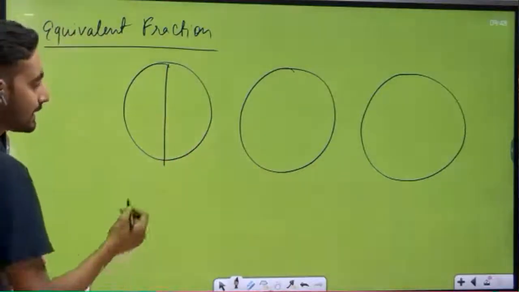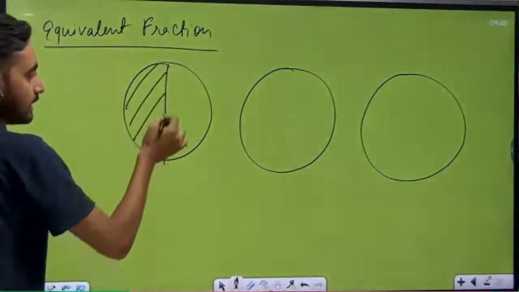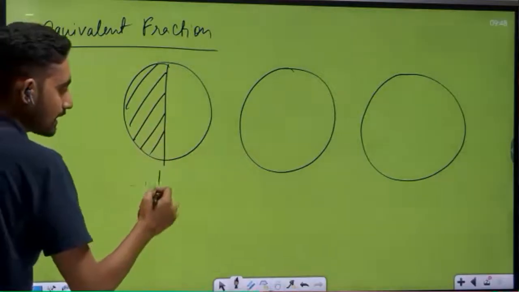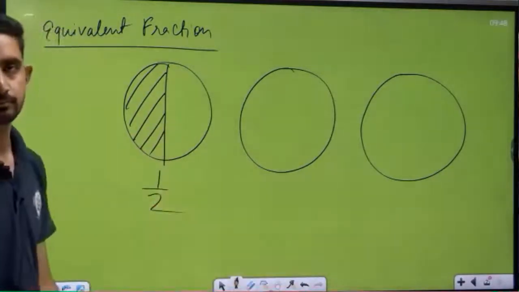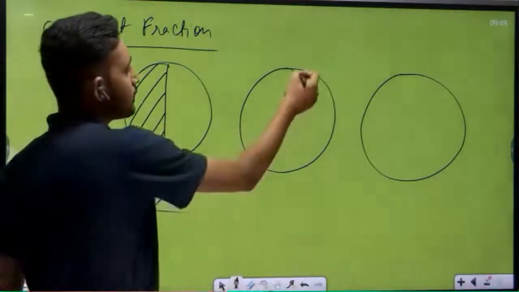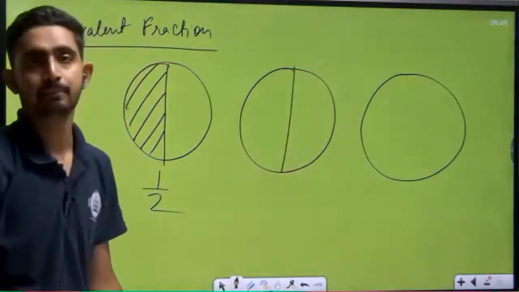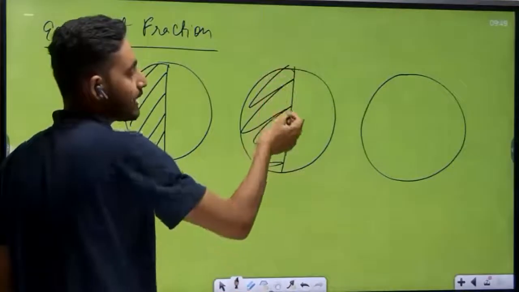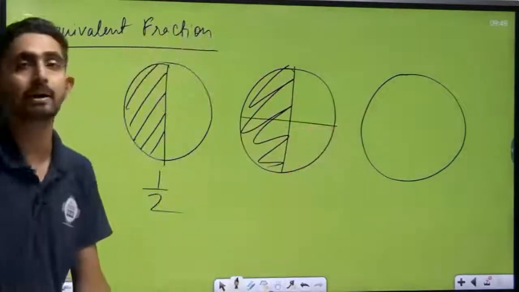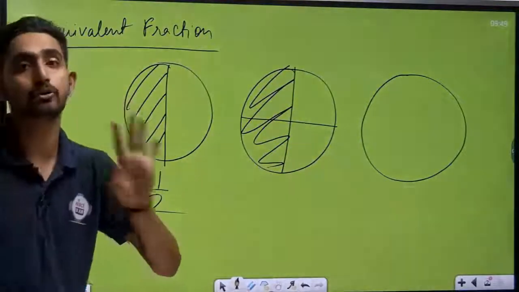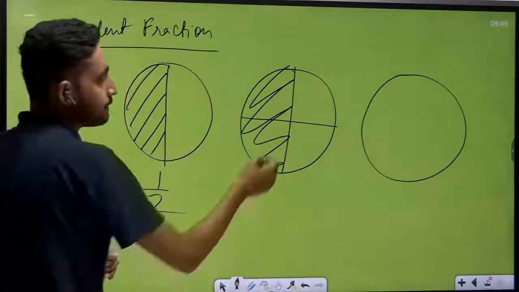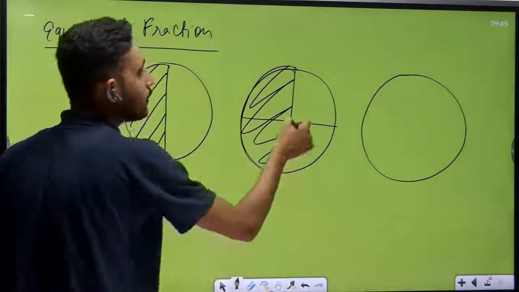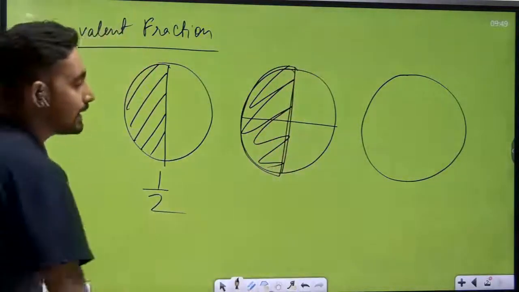If I represent this part only, we can write 1/2. Correct? Now this circle, if I cut into 4 equal parts. How many equal parts? 4 equal parts. Now students tell me, this portion how will we denote? We will denote by 2/4.